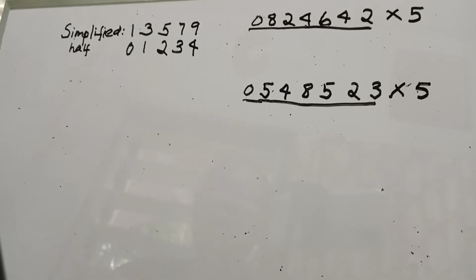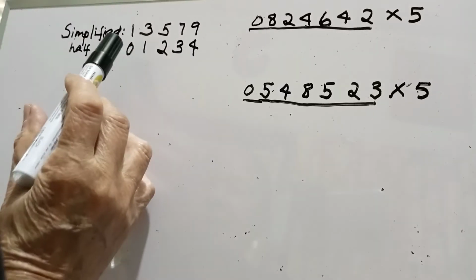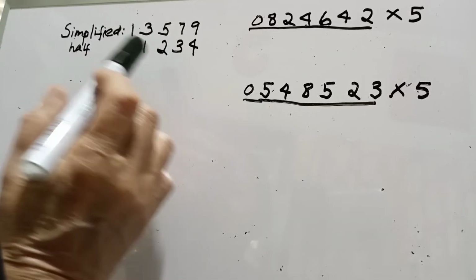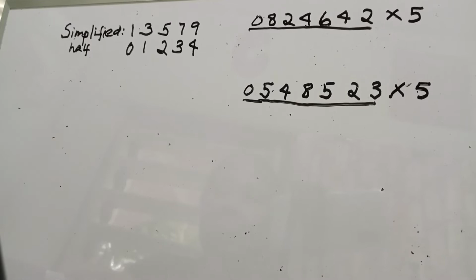Actually, half of 1 is one half, and half of 5 is 2 and one half. But for purposes of these techniques in multiplication by 5 and the next numbers, we have to drop the fractions or the decimals.